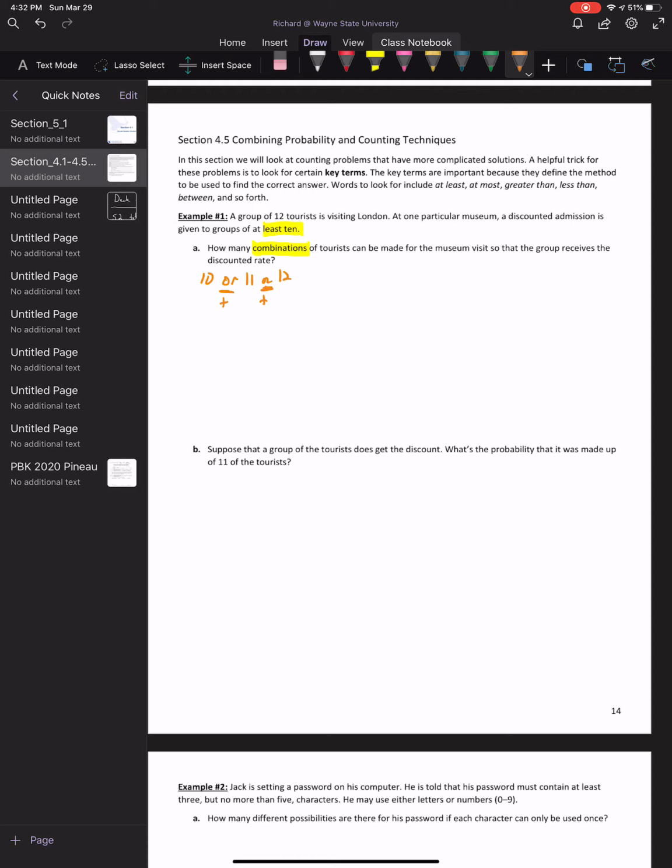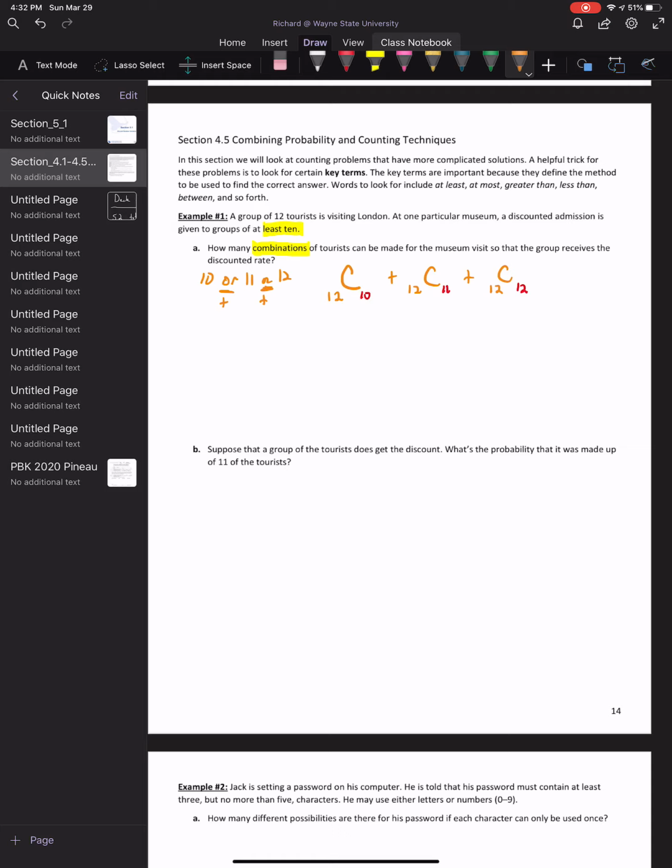Now we're dealing with combinations here. So what that says is we're going to have three different combinations. For each of them we're going to have 12 people to pick from, because that's how many are in the total group. Now, in order to get the discount, the group size has to be 10, 11, or 12. I put those in another color to signal the discount, and you notice here that we're adding.